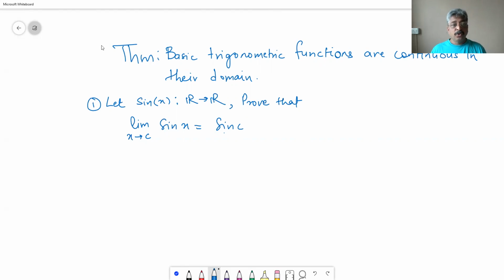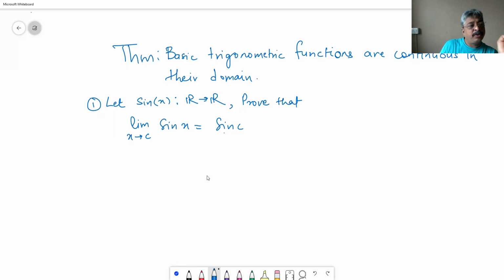I give you 5 minutes. Now, establishing these limits is using first principle. That means we are trying to use the definition of limit to find these limits.